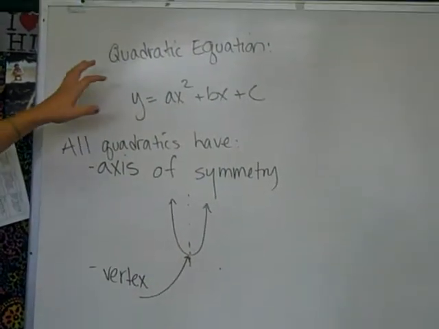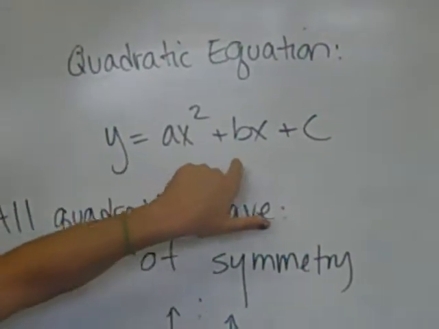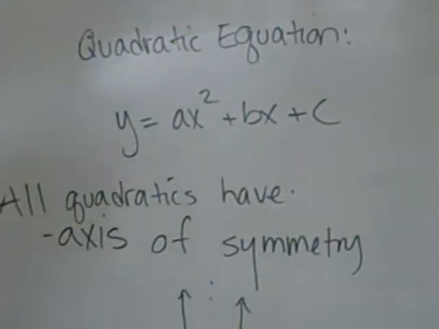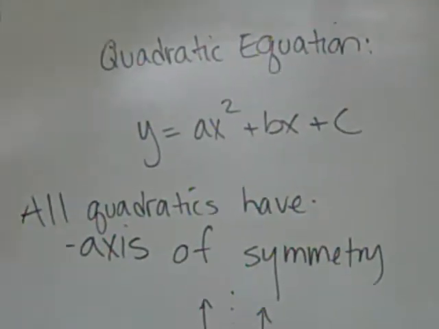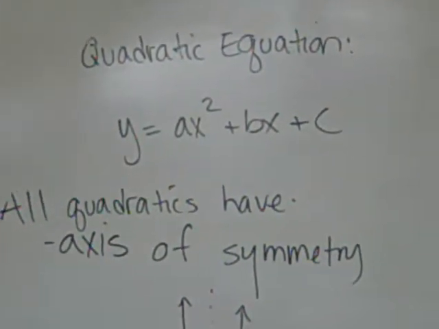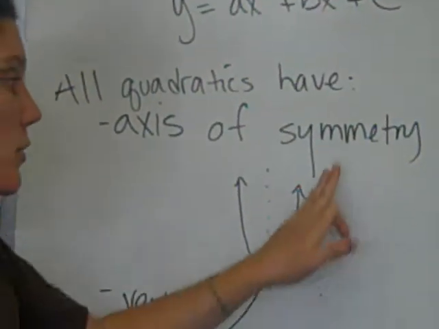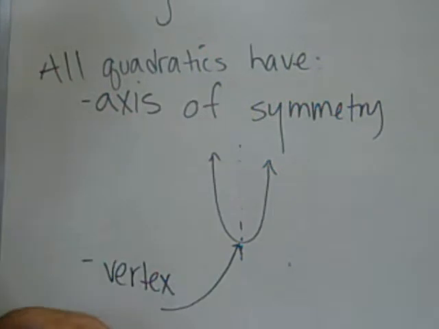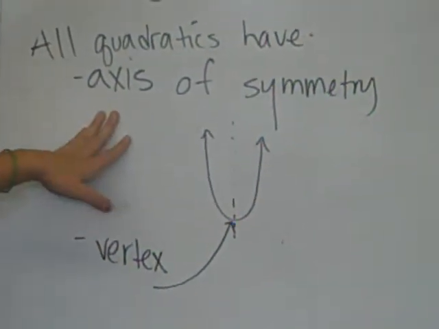Alright, so if the equation of our quadratic is y equals ax squared plus bx plus c, and we want to be able to solve that for various parts of the equation, we need to know a few things about a quadratic. So we said it's going to make the shape of a parabola, something that's U-shaped up or umbrella-shaped and down. The other thing we also said is that they have this axis of symmetry.